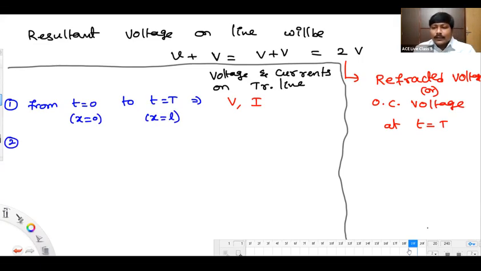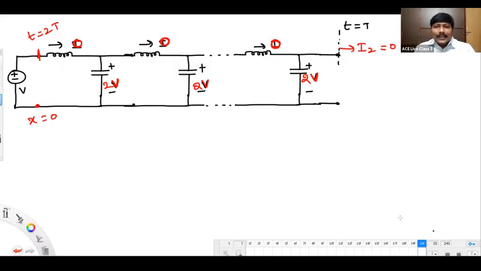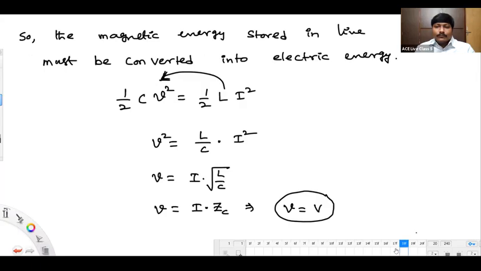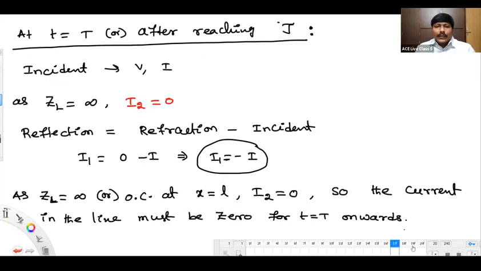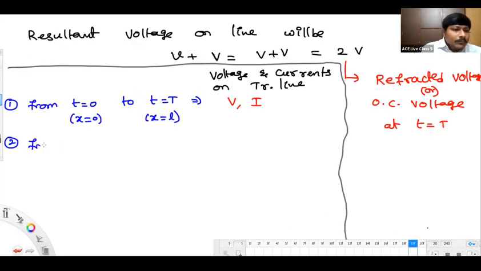Second propagation, from time capital T to 2T. Check this. What is happening to the voltage? It doubles. The current falls to 0.